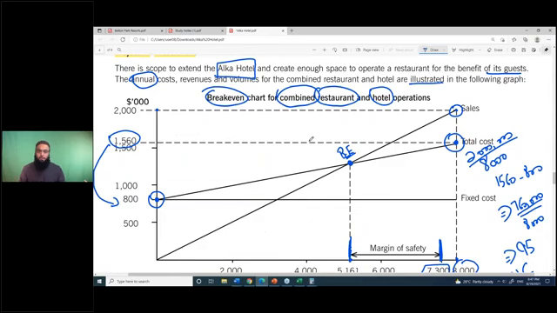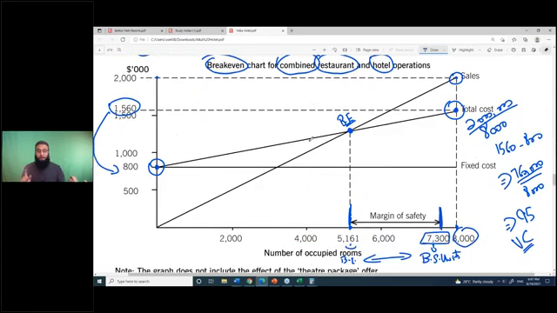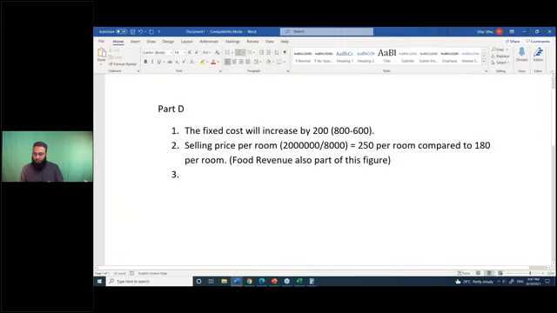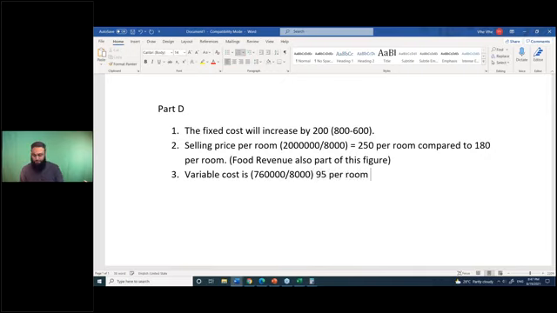this has happened. Remember, there are 4 marks for the calculations as well, so you have to do calculations to quantify. You can write here, variable cost is 760 divided by 8,000, which is 95 per room, which has gone up from 60.